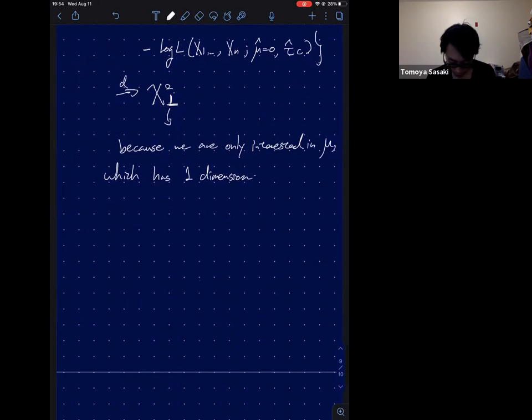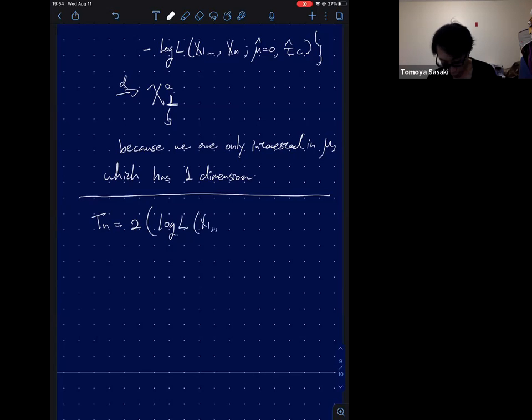So, in general, in the likelihood ratio test, how you construct it is that you take the difference between the likelihoods. Let's write it down in words: log likelihood for unconstrained minus log likelihood for constrained.